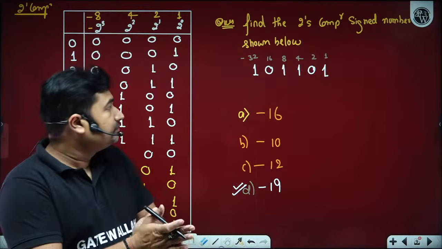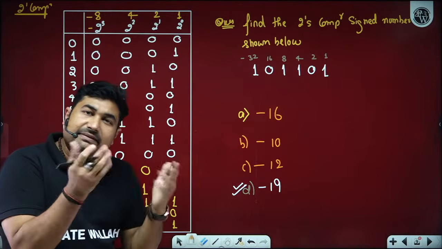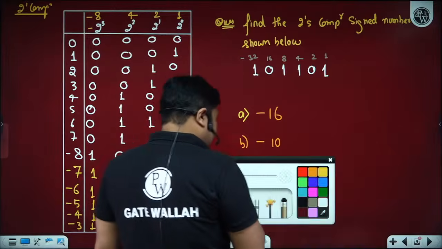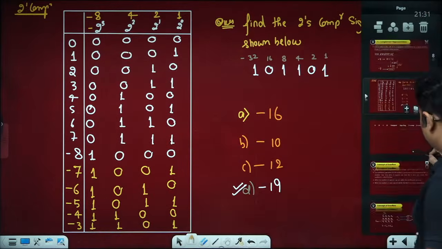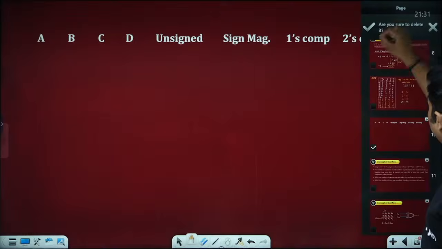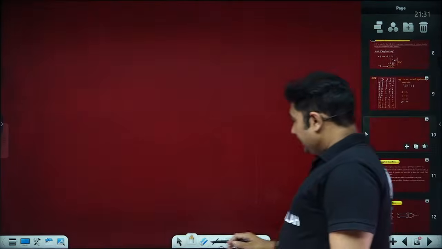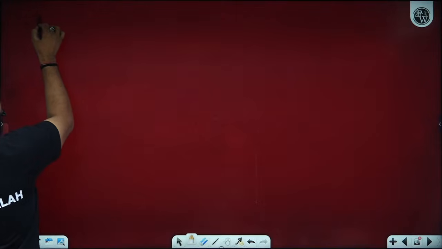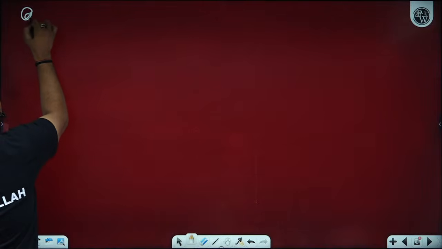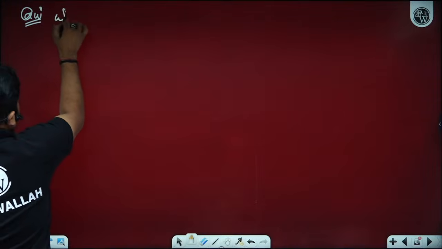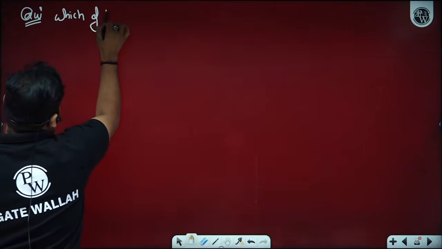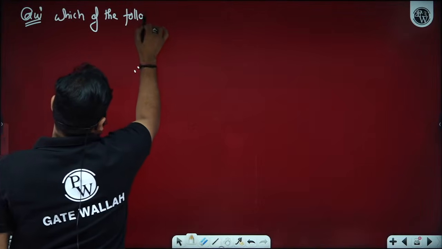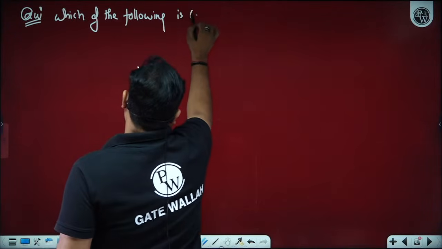Good evening, beta ji. Can you now observe any number? Can you tell me what is this number? You have to find which of the following is correct.